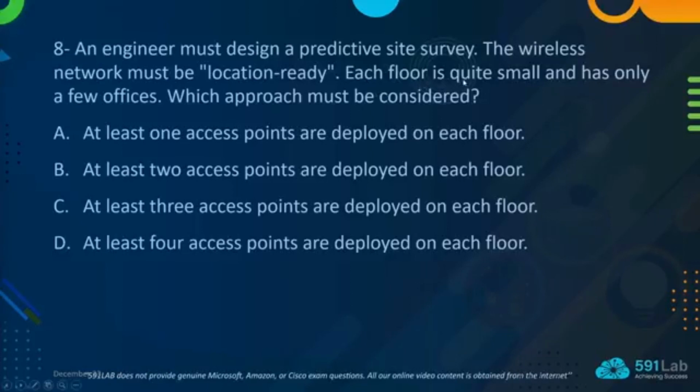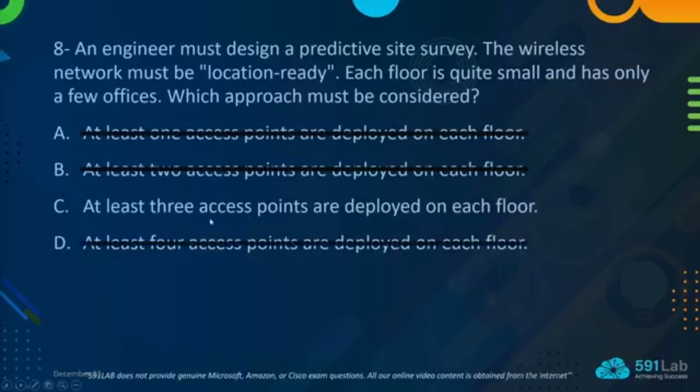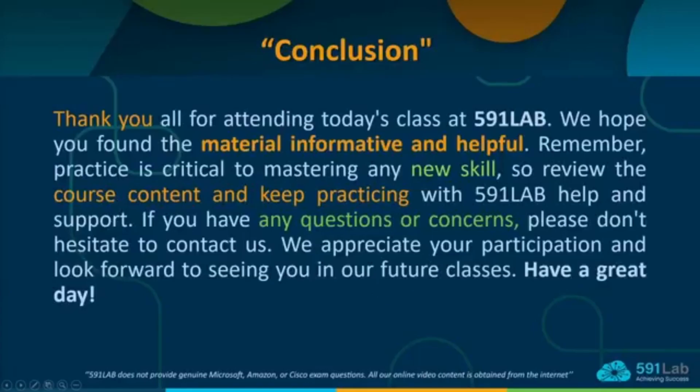But since it's a very small office, I think 3 access points is more than enough. So definitely not 1, not 2. The minimum is 3. We can put 4, it's not a wrong answer, but since it says it's a small office, 3 is more than enough. So the answer is C.